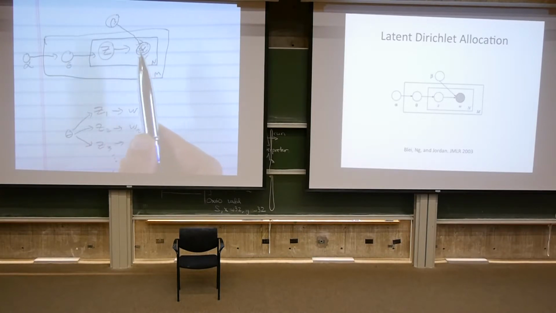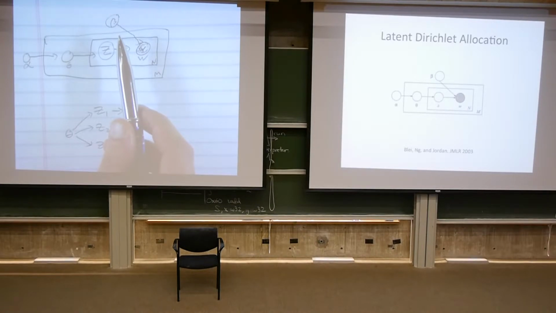And then once you have the topic for each word, you choose the word from that topic according to another multinomial distribution. And then this beta here that I haven't mentioned yet is another prior on the words for each topic.